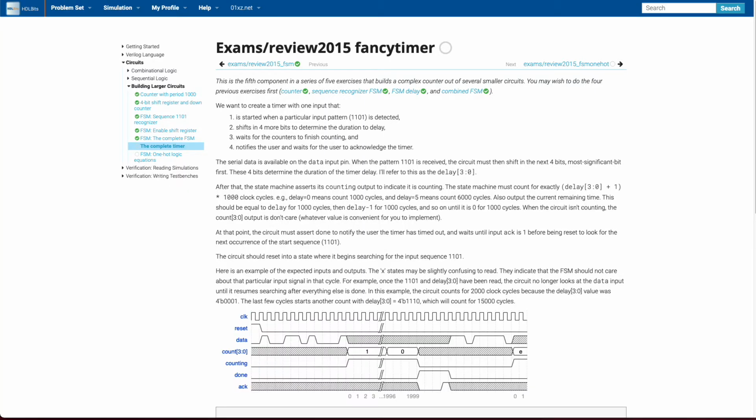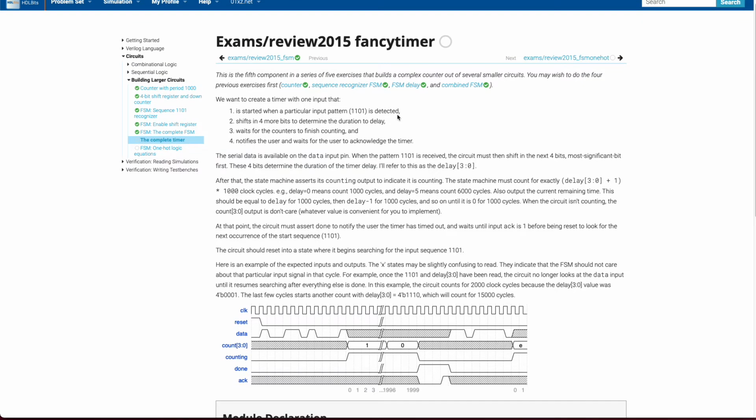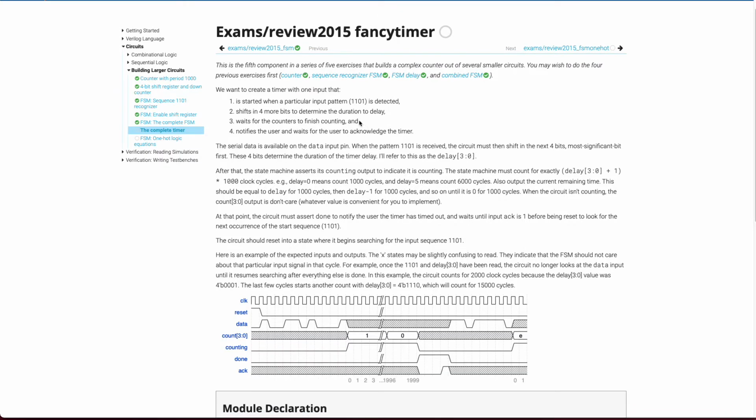The complete timer. What is this? Waits for the counters to finish counting and notifies the user.